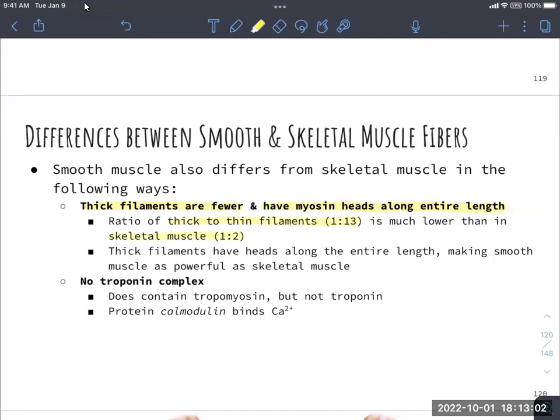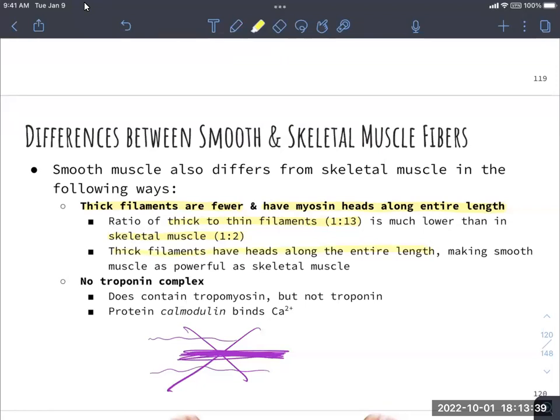Remember, skeletal muscle has a thin filament, and that thick filament between the two thin filaments. Smooth muscle does not have that. But those thick filaments have myosin heads along their entire length. That's what kind of creates smooth contractions for the smooth muscle.